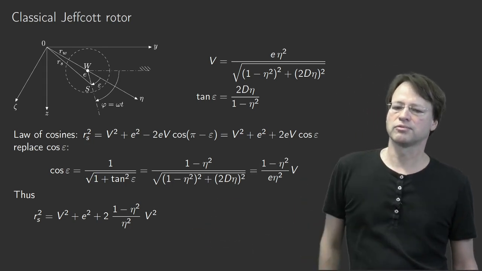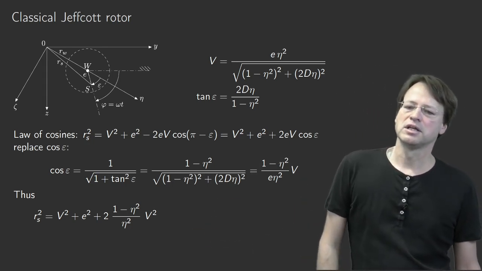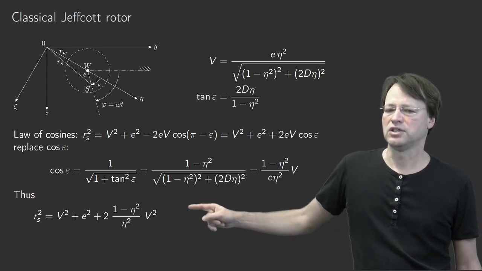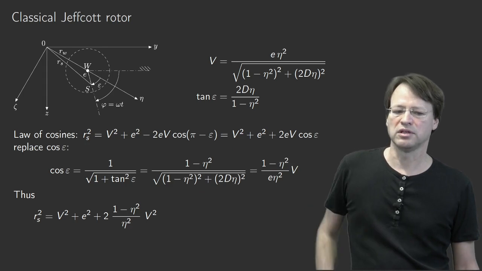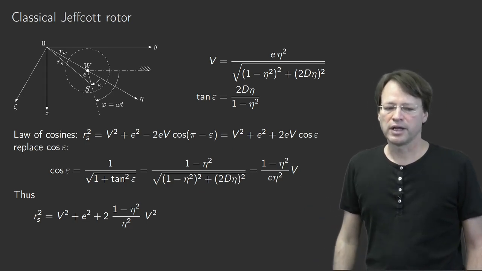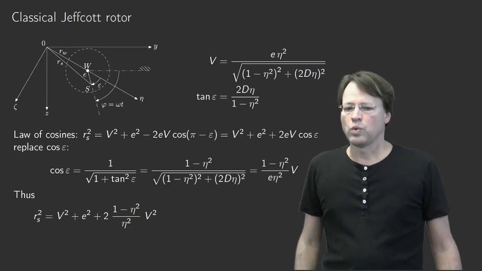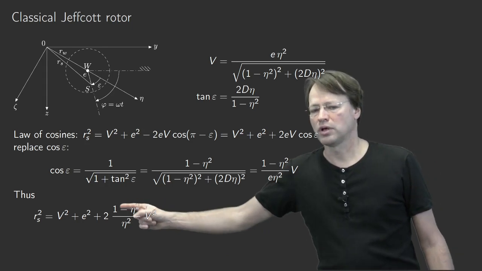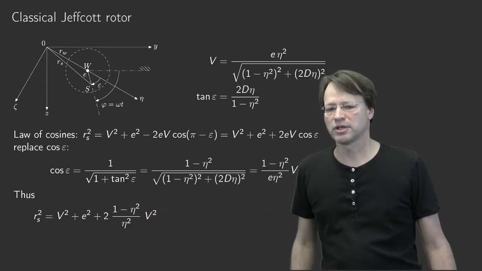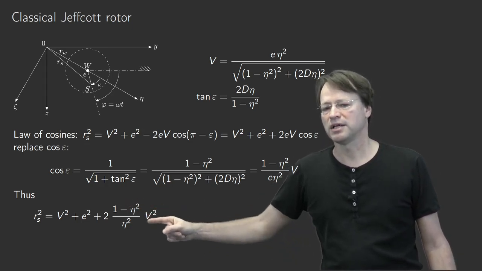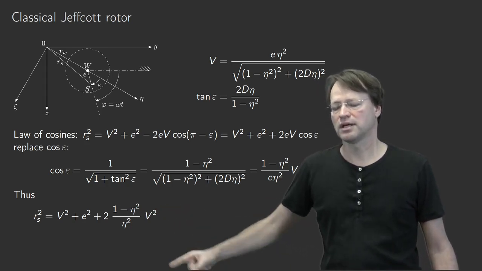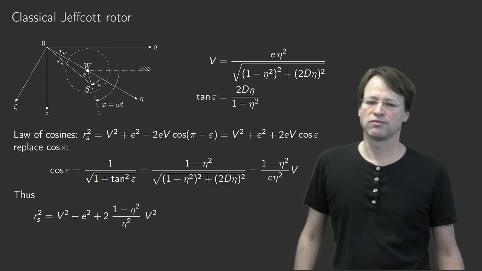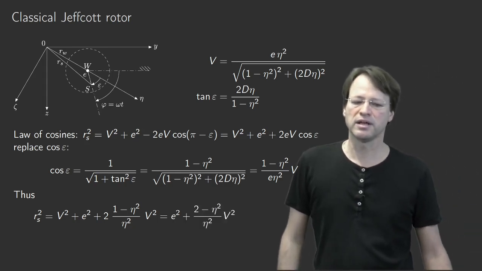So we get 2 times 1 minus eta squared divided by eta squared, and V squared from one V that sits here, and the other V is that one here. Okay, well, then we can collect the first and the last term. Keep in mind that you divide here by eta squared, so you have minus V squared. Here you have a plus V squared, so the first and the last term will go away.